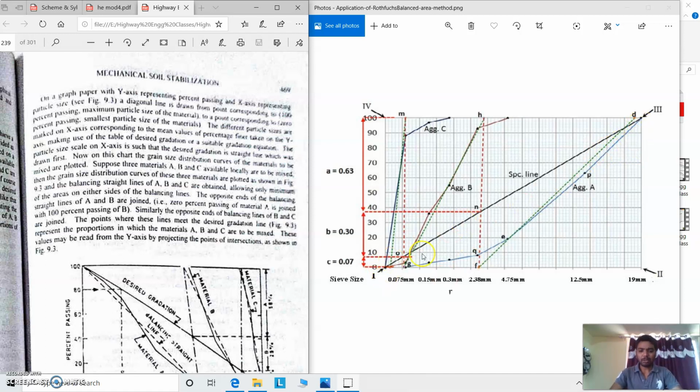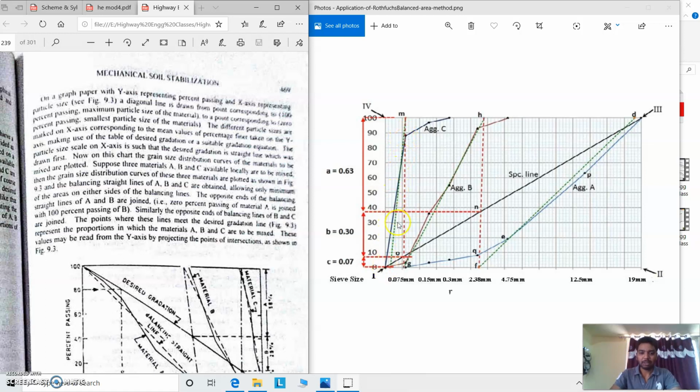Once you plot this diagonal line, you consider the different materials, say aggregates A, aggregates B, and aggregates C here. Then we can plot the points showing how much percentage has passed for each. For example, aggregate C has passed 90% directly.